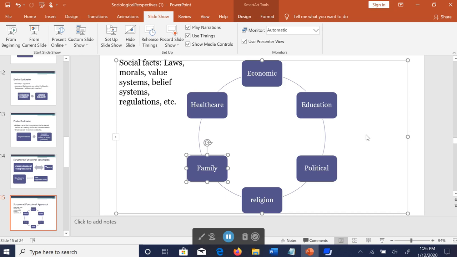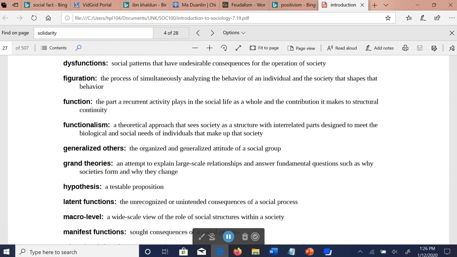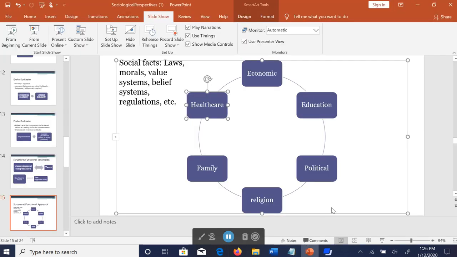So as you can see, all these systems are integrated and interconnected through their different functions. This is the essence of the functionalist theory, or functionalism. Are we clear?